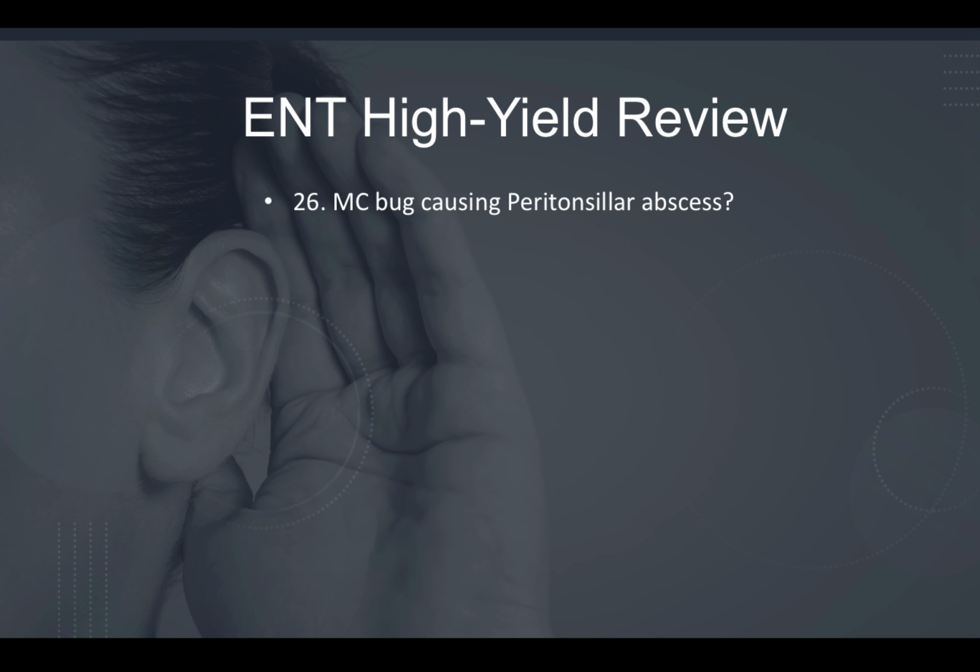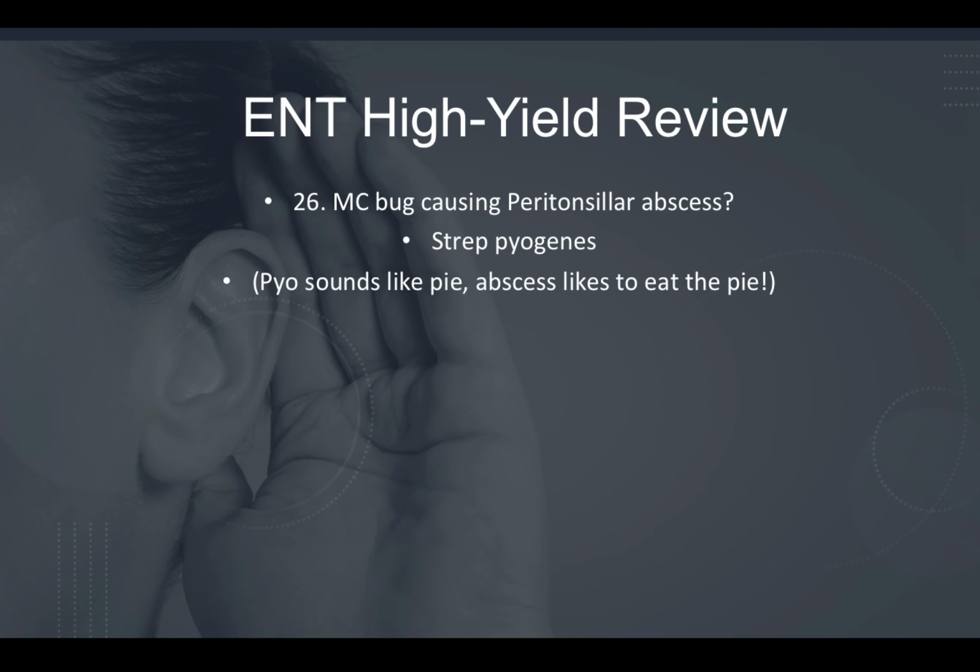What is the most common bug causing peritonsillar abscess? So when it comes to abscesses, it is strep pyogenes. The way I remember this one, because it was really hard when I was studying, the next day I tried to recall and I couldn't, is a little story: pyo in the strep pharyngitis. Pyo sounds like pie. I would ask myself, if somebody has a peritonsillar abscess, what do they like to eat?